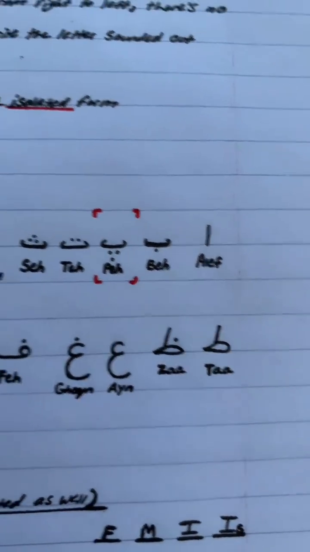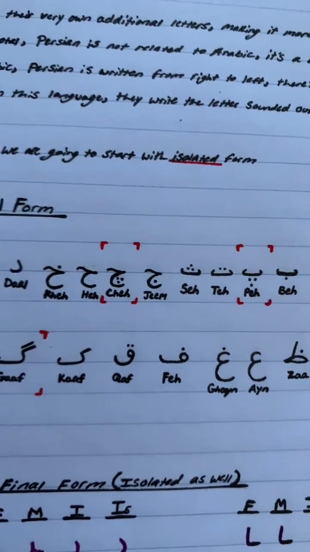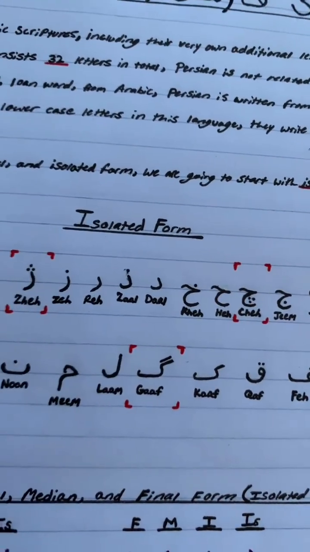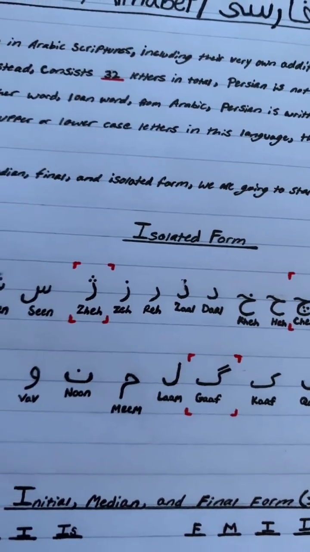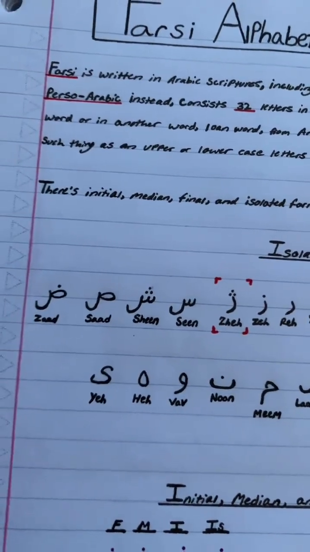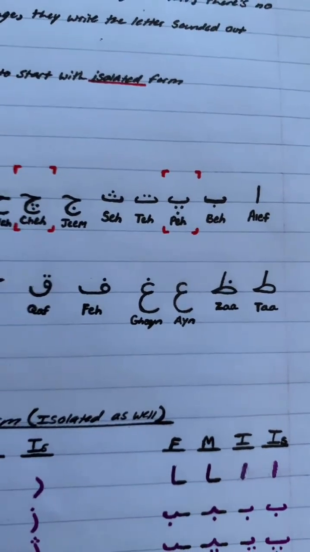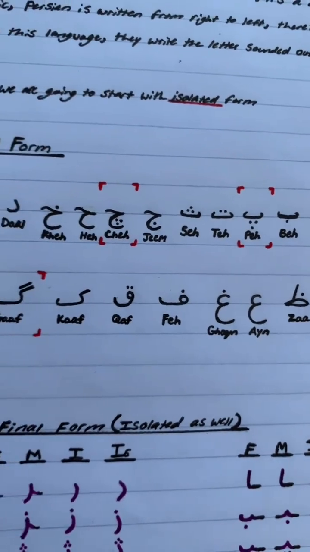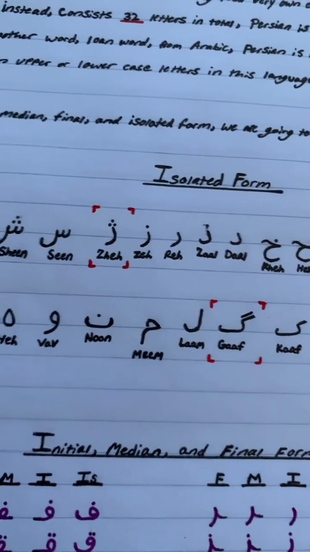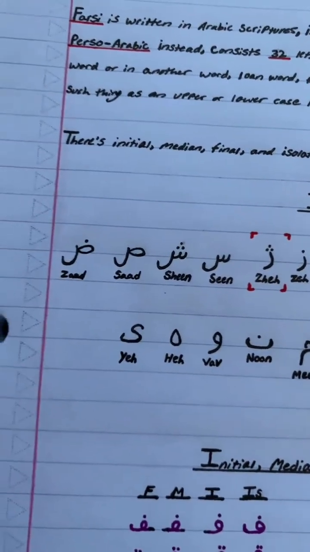Aleph, be, pe, te, se, jim, che, he, khe, dal, zal, re, ze, zhe, sin, shin, sad, zad, ta, za, ain, ghain, fe, kaf, gaf, qaf, lam, mim, nun, vav, he, ye.